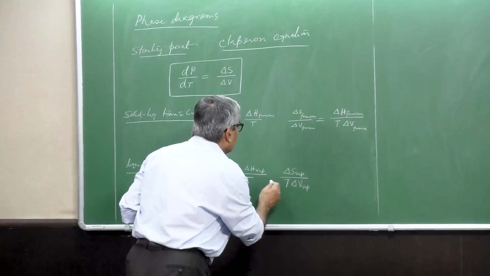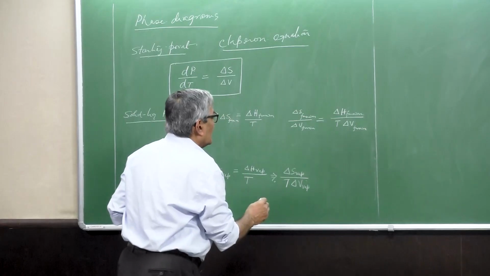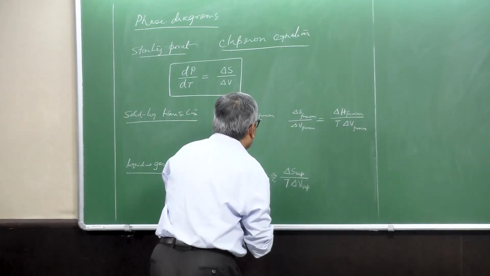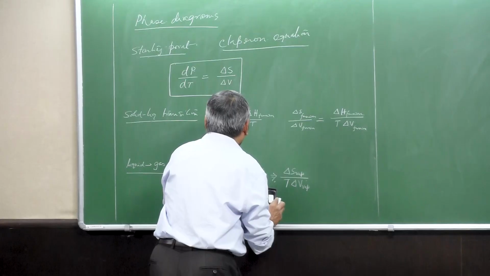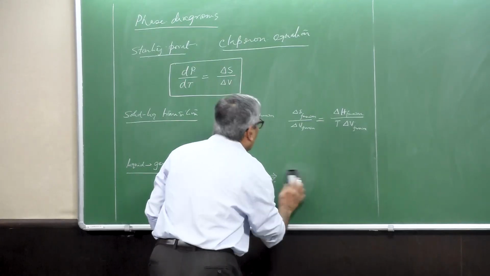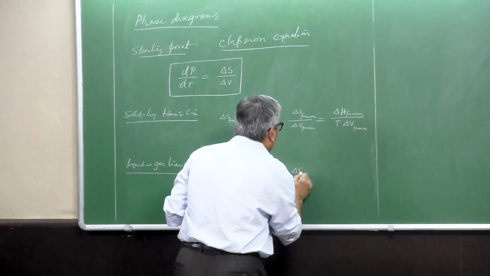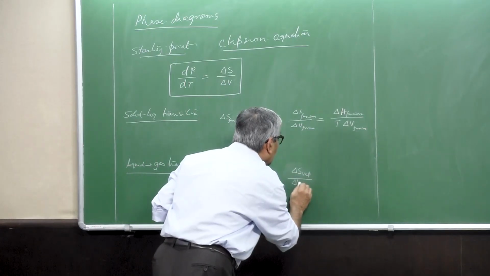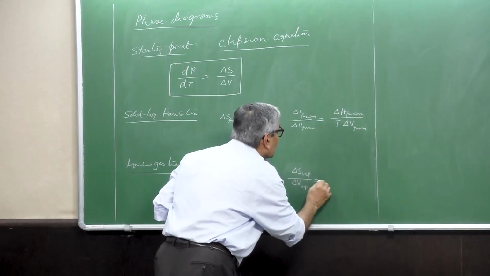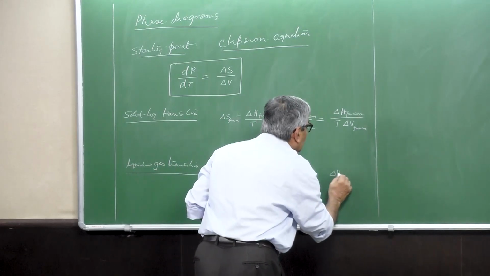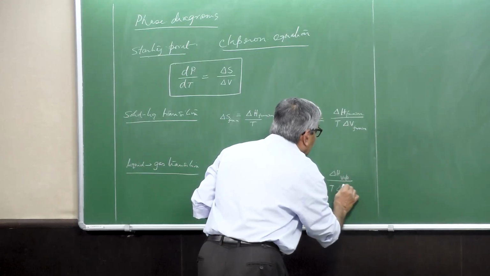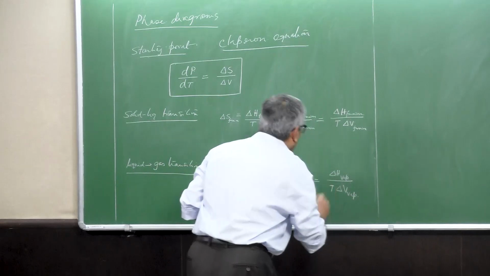Sorry, this should be delta S by delta V. So, I need to write delta S of vaporization divided by delta V of vaporization equal to delta H of vaporization divided by T delta V of vaporization.